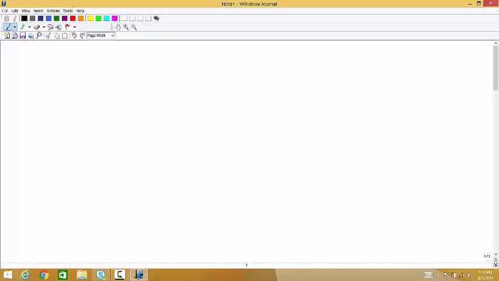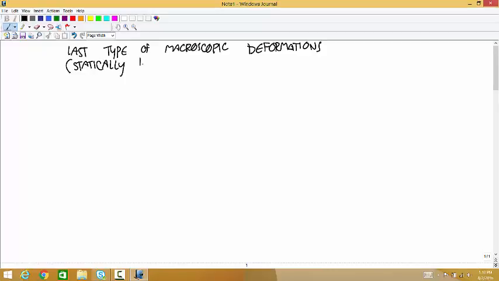Okay. So the last topic in macroscopic deformations, the last type of macroscopic deformations, and we can also use these in statically indeterminate systems, although it's kind of more of a pain than the other ones, is beam deflection.